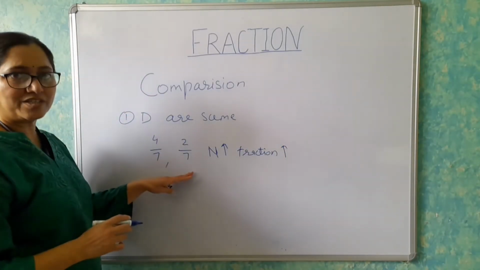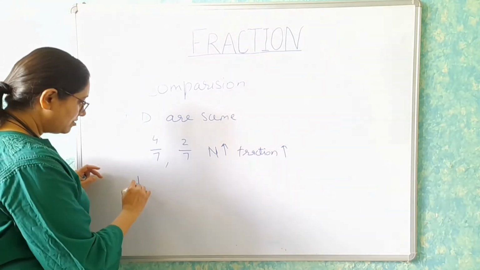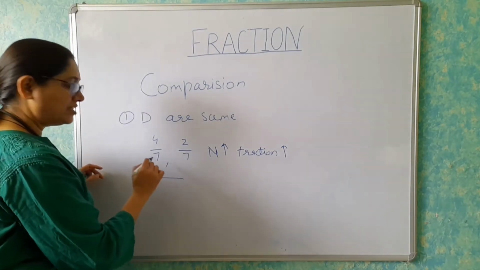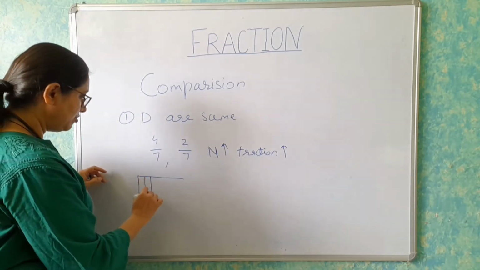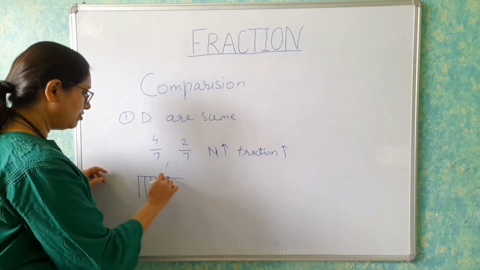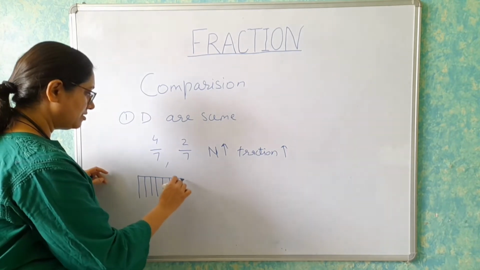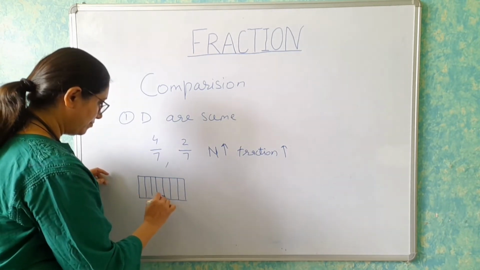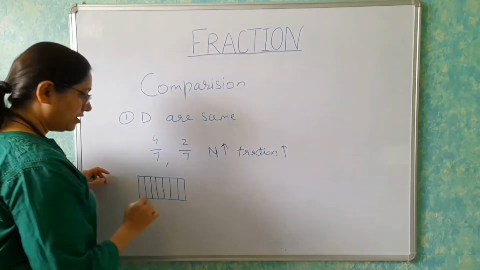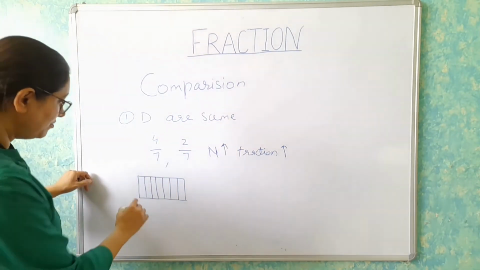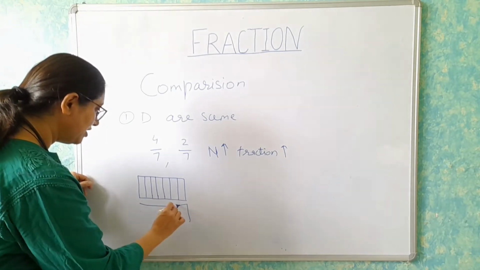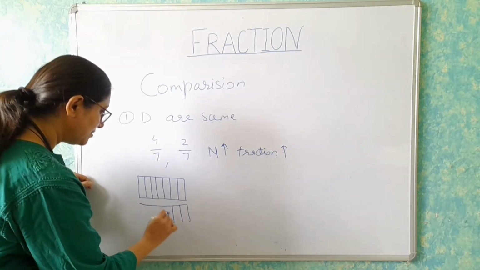How can we explain it? Suppose I am having a rectangle, and if I divide it into 7 equal parts, 1, 2, 3, 4, 5, 6 and 7. Again I am having the same rectangle and I am dividing it into again 7 equal parts.